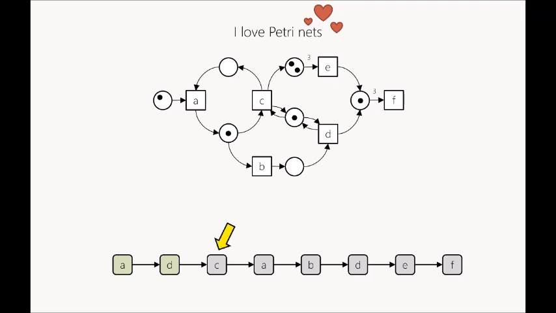This marking enables now the next event, which is C here. Here you go. We fire C to reach this marking. Then we have another event labeled with A. Again, we already had this transition, now in a different state, also enabled. So we consume the 2 tokens and produce another one.